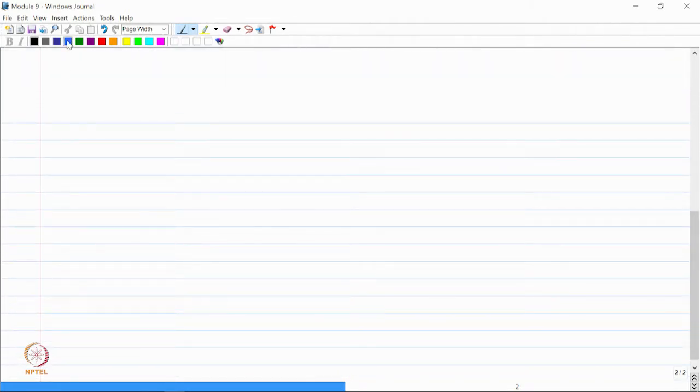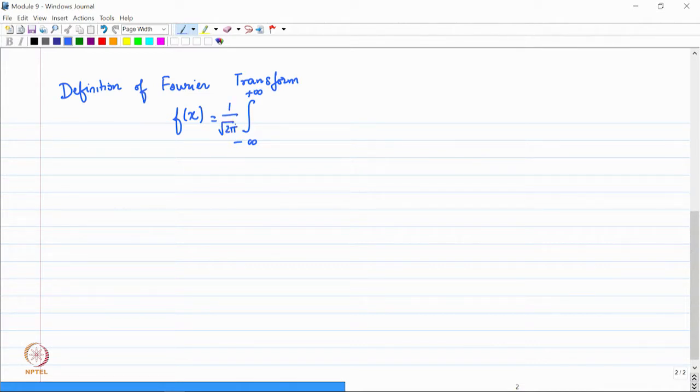So, now we will write the definition of the Fourier transform. When you have k being very closely spaced, then you write f of x equal to the integral from minus infinity to plus infinity, with a factor of 1 over root 2 pi, of e to the i k x f tilde of k dk. It will become clear why we put this factor. So, you are integrating over the variable k.